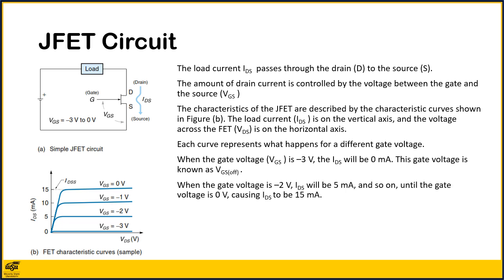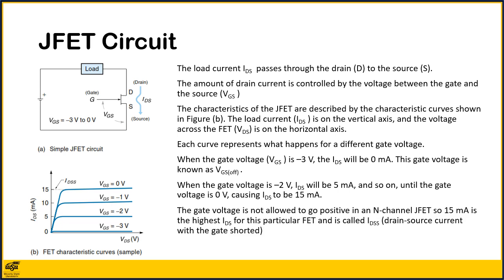And so on, until the gate voltage is 0 volts, causing IDS to be 15 milliamps. Because the gate voltage is not allowed to go positive in an N-channel JFET, 15 milliamps is the highest load current, IDS, for the particular FET, and is called IDSS, drain source current with the gate shorted.